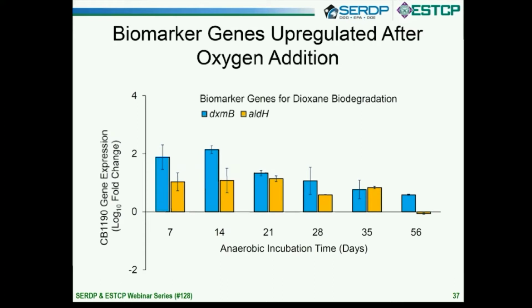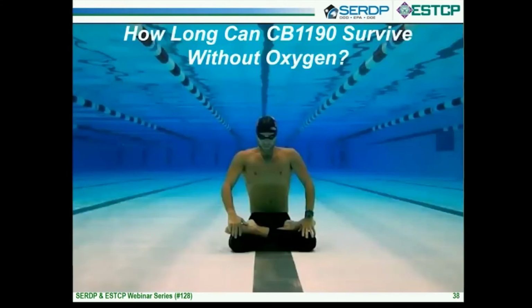And over 56 days, exactly what you would expect with respect to these quantities. Some of these data are reported in an open access editorial choice paper, Environmental Science and Technology Letters, 2019. Also included in the SERDP limited project report that should be posted on SERDP's website.